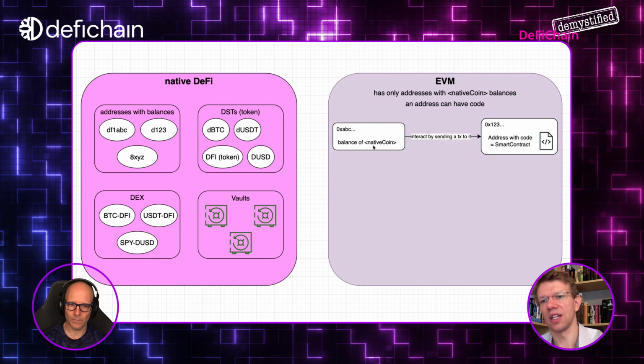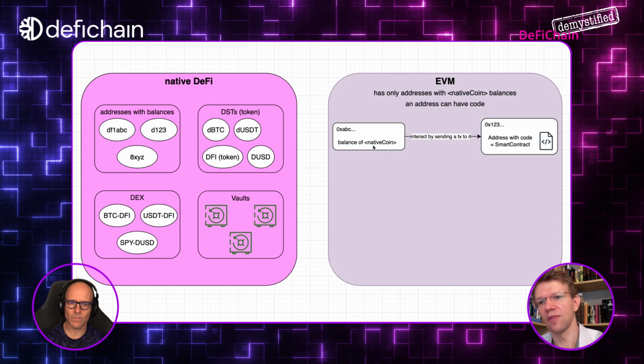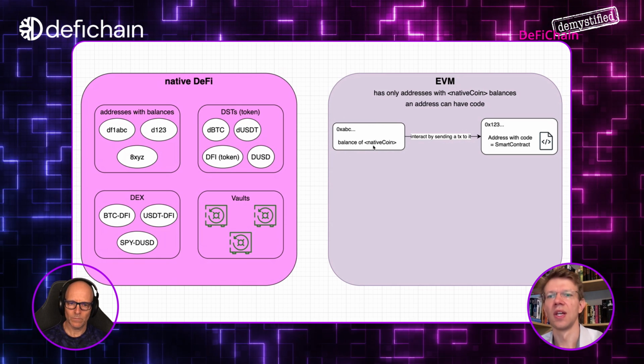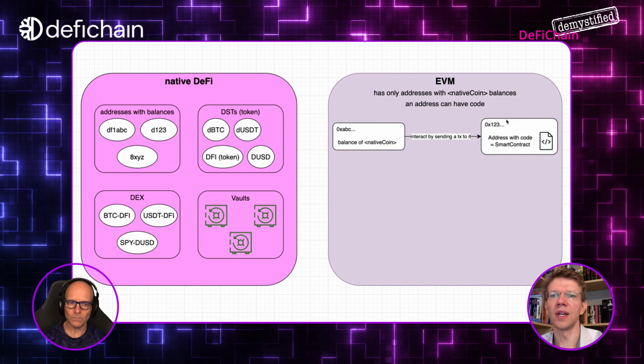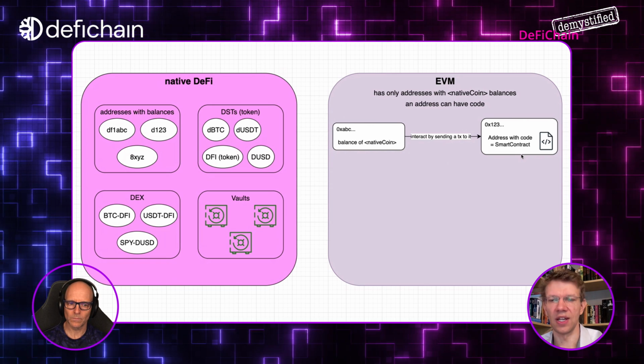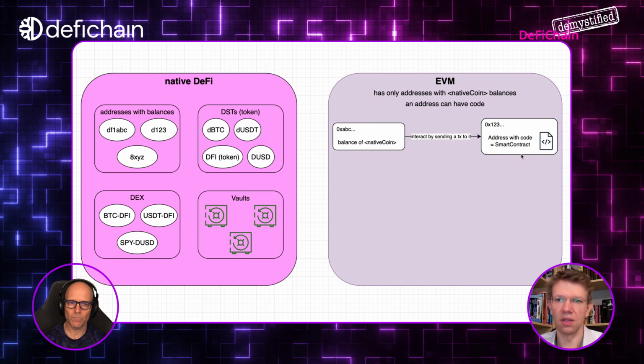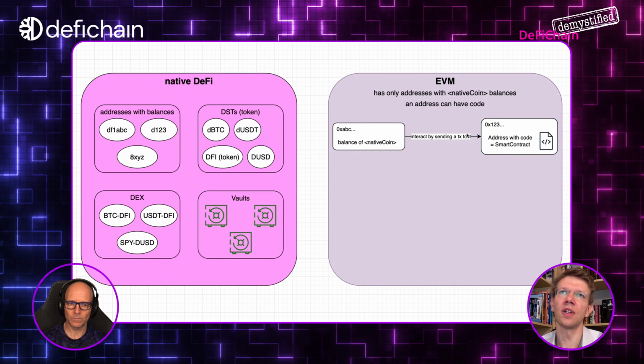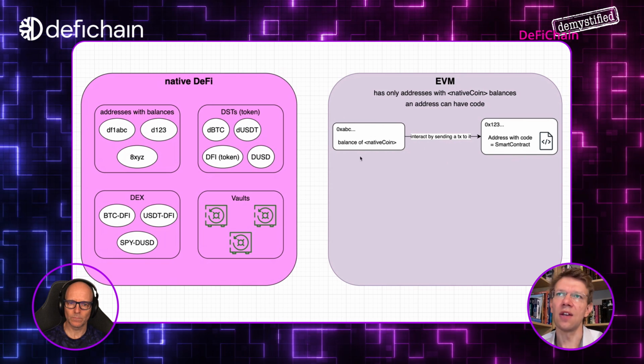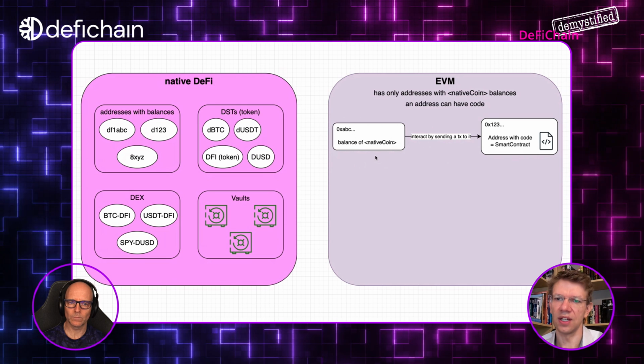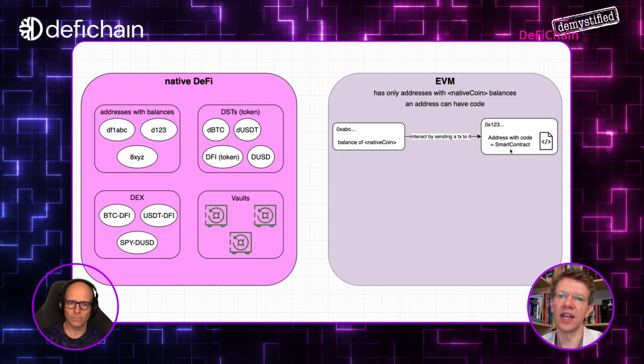Because if you send a transaction, you need to pay the gas fees in the native coin from your balance. But a lot of smart contracts don't have a balance of the native coin, because they just interact. And if you interact with the contract, the address who starts the transaction pays the whole gas fees.